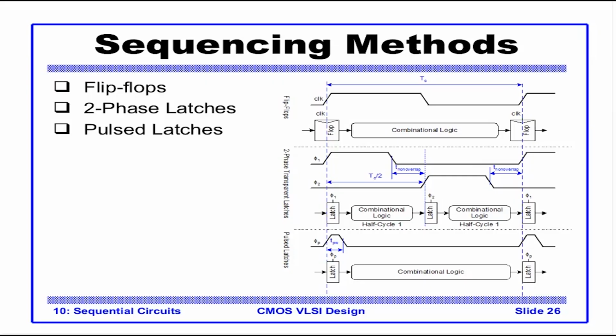That is why the first method, using flip-flops, is the most popular way of sequencing. Methods 2 and 3, from this course's point of view, are just academic in nature. We will never use two-phase latches or pulse latches in our design in this course.